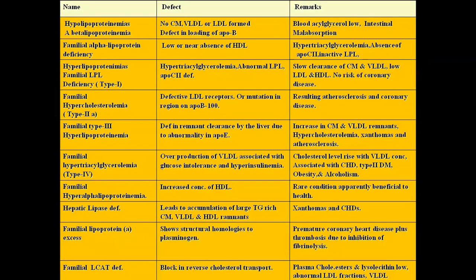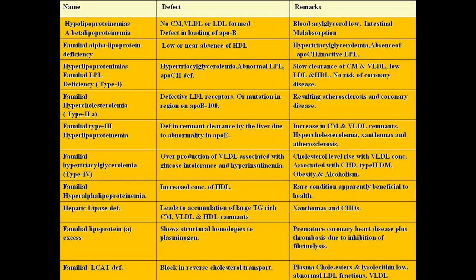In lipoprotein lipase deficiency, abnormal LPL or no LPL is found, which means it is not able to eliminate fractions of TAGs, and results in slow clearance of chylomicron and VLDL and low production of LDL and HDL, with no risk of coronary disease, due to abnormal LPL.